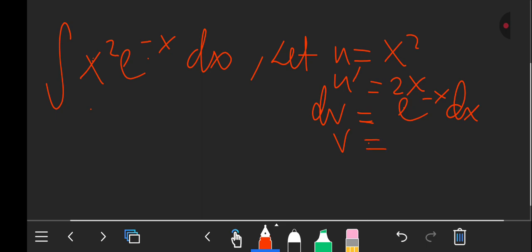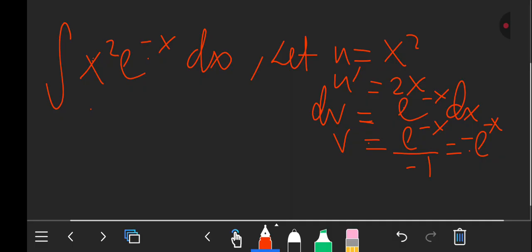Then my v, the integral, I'll say the same thing, e to the power negative x, now divided by the derivative of negative x, which is just negative 1. So in short, what I'll have is negative e to the power negative x.